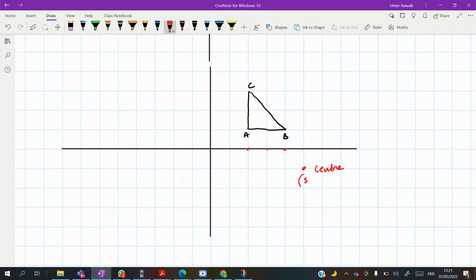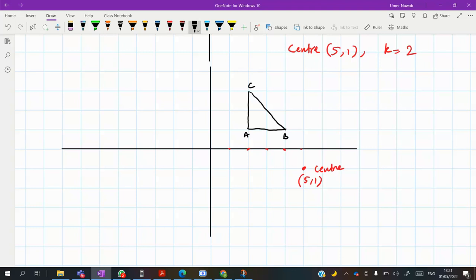So the examiner says, draw an enlarged shape with the center 5, 1. This is given to you with a scale factor of maybe 2. Okay, scale factor is 2.